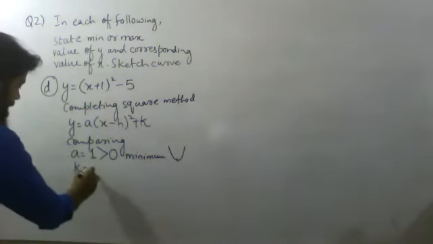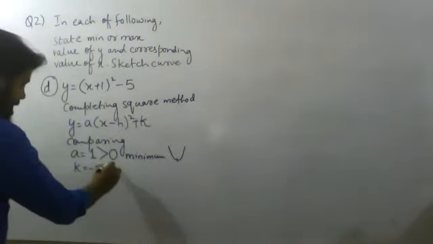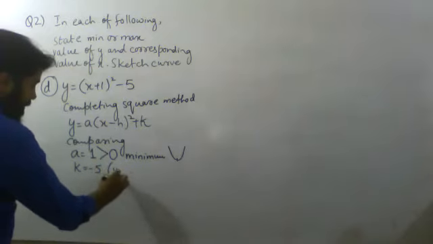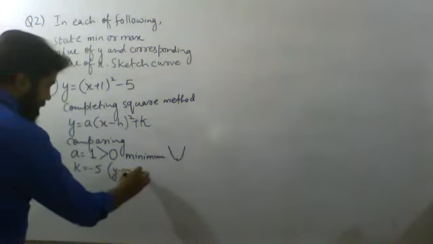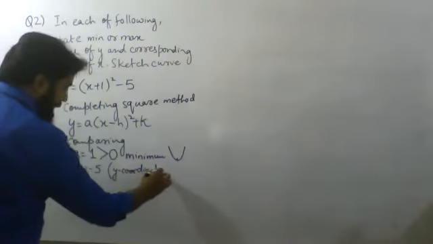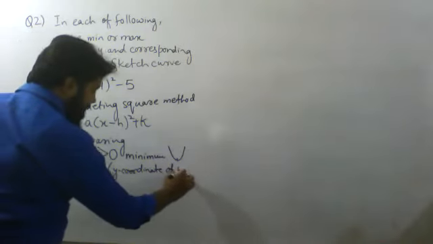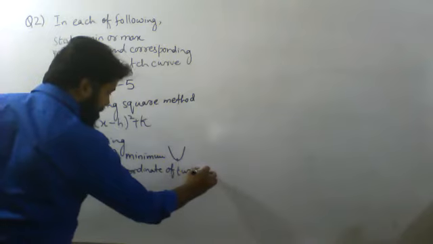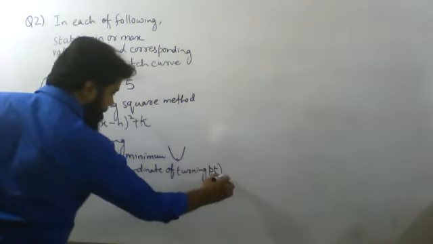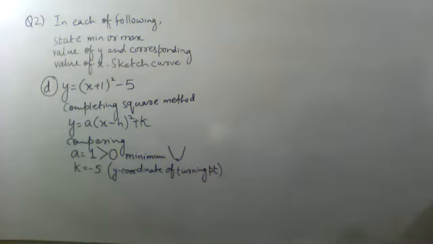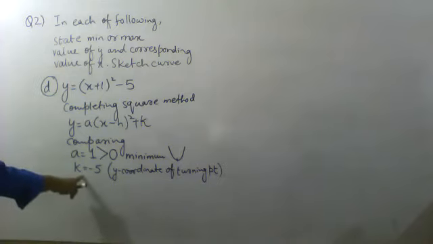So the value of k is minus 5, which represents the y coordinate of the turning point.